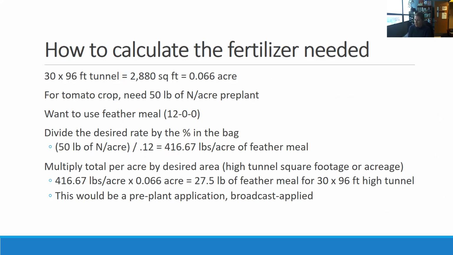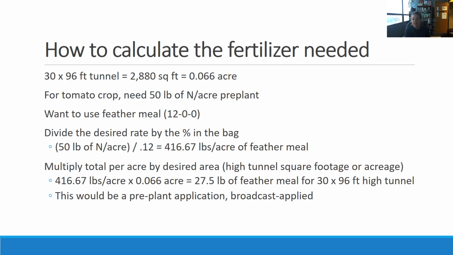So let's say you have a high tunnel, because those have some odd dimensions that usually require conversion to get your fertilizer just right. So a 30 by 96 foot high tunnel is approximately 0.07 acres. So for a tomato crop, let's say you need 50 pounds per acre of nitrogen pre-plant, and you want to use that 12-0-0 just as an example.